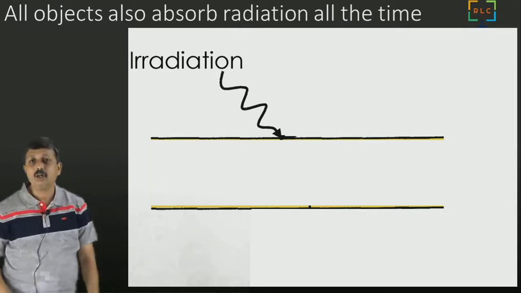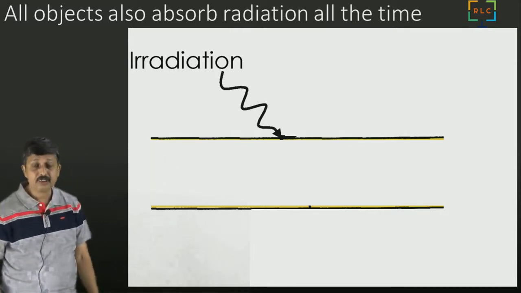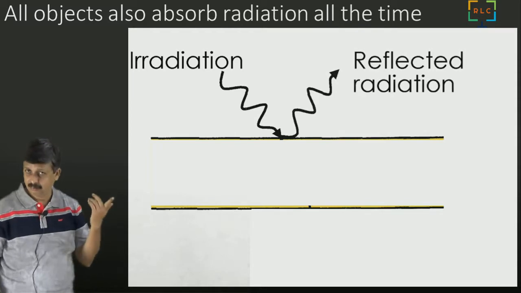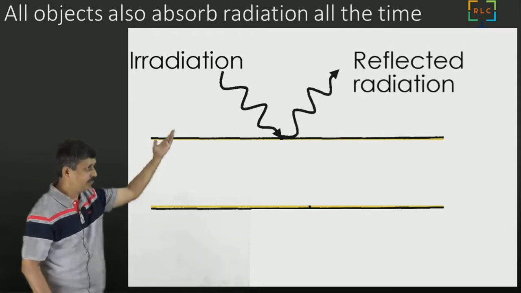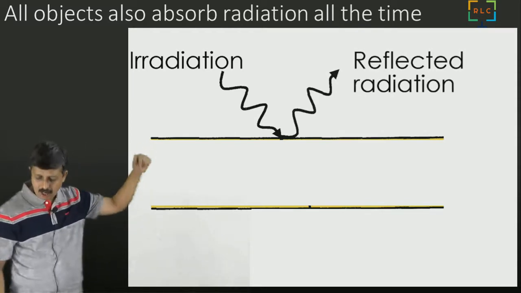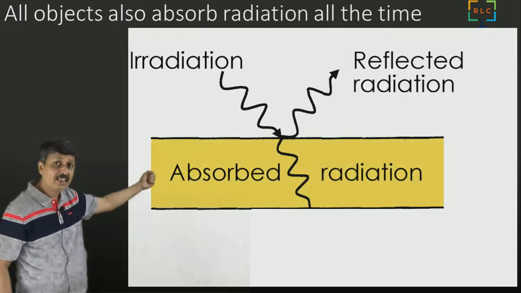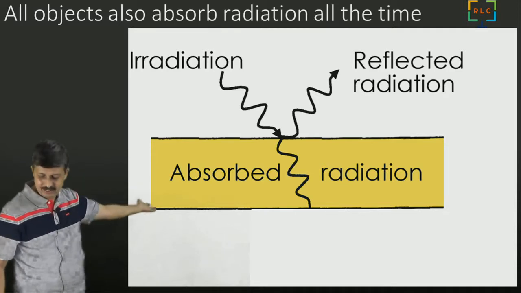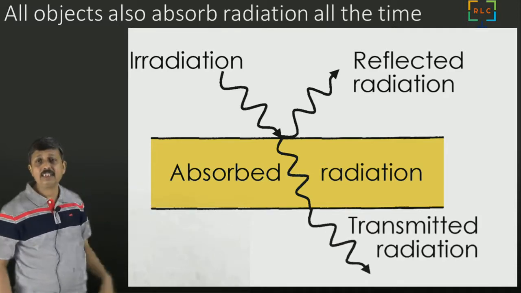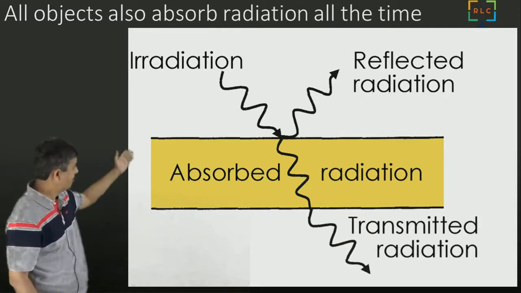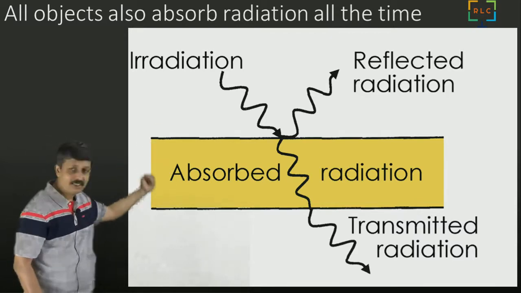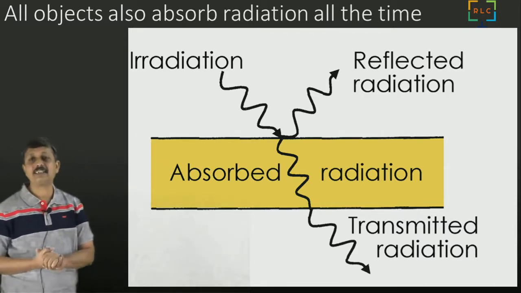That radiation either reflects, which we call reflection, or it gets absorbed inside, or it can also transmit to the other side. So the things that can happen are that radiation is reflected, absorbed, or transmitted. All three things can happen.